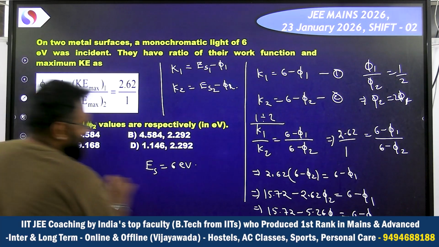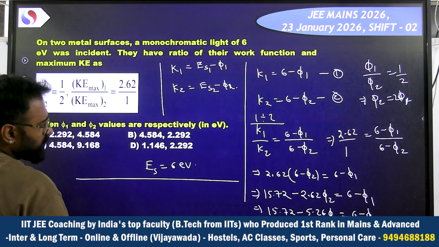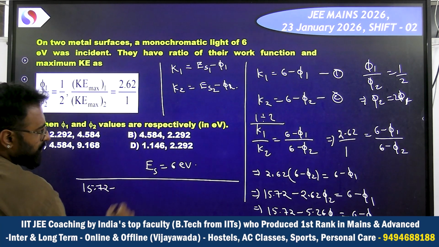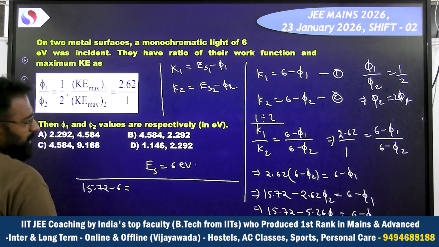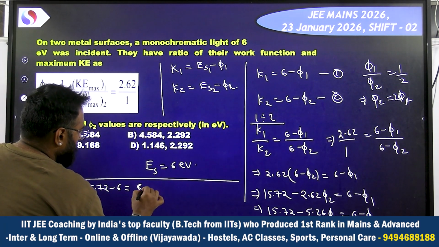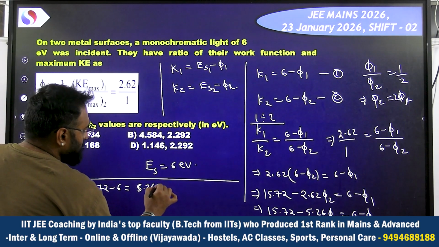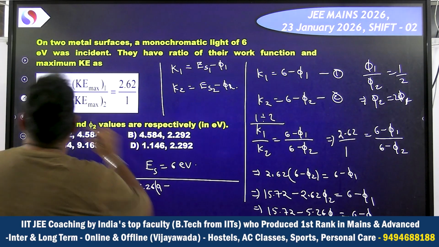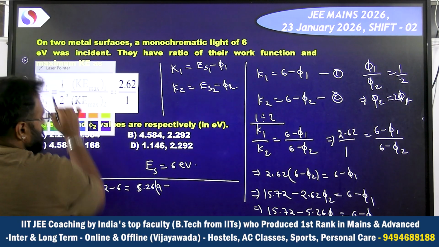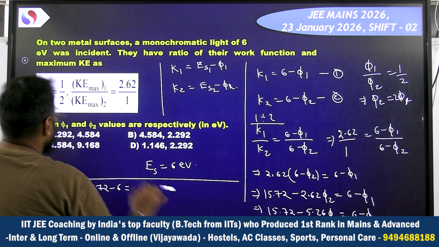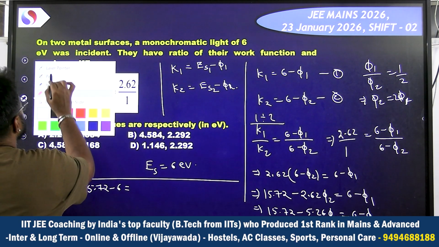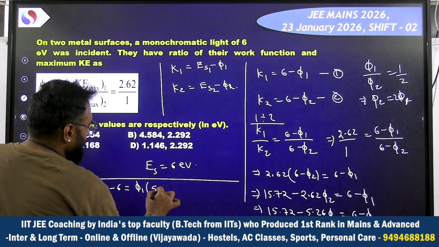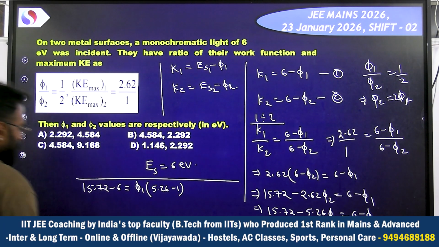Now rearrange the equation. So this will be 15.72 minus 6 is equal to 5.26 phi 1. Take phi 1 common. So 5.26 minus 1.